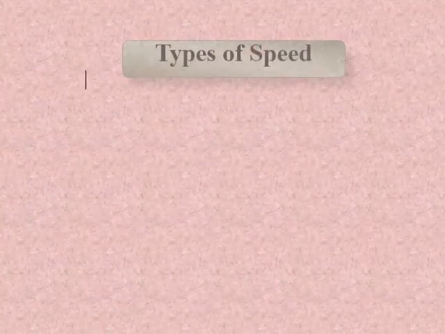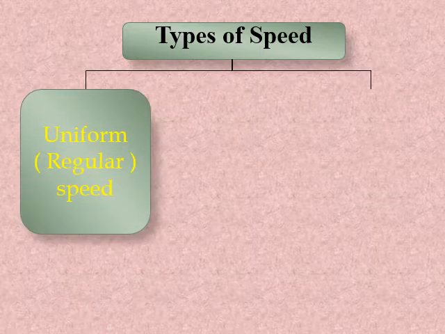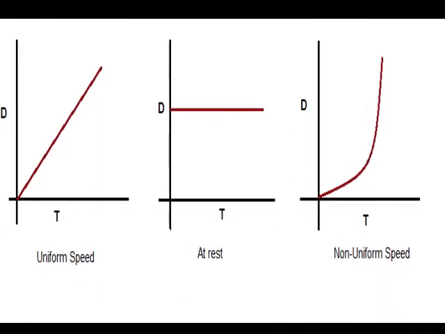The types of speed are uniform speed, which is known as regular speed, and the second type, non-uniform speed or irregular speed. Three graphs explain the different types of speed. The first graph explains uniform speed.